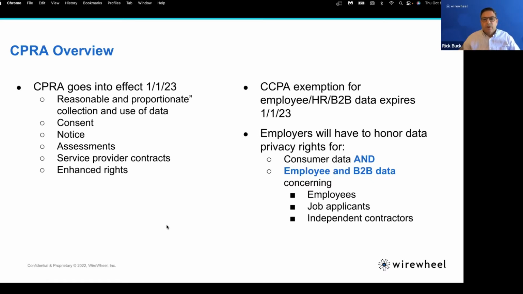And so if you have employees or subcontractors or contractors in California, this will be important for you to know and understand. And so effective January 1, employers will have to honor privacy rights for consumer and employee and business data. And that in general terms means, your employees, your job applicants, independent contractors, and subcontractors.